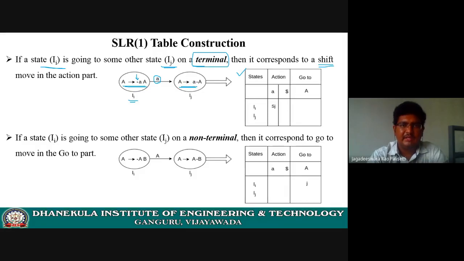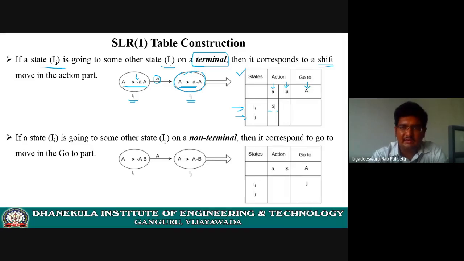This is the item set which is included in a new state called Ij. Am I clear now? So how can I represent that in the table? In the table, I have to create an Ii row and an Ij row, and I have to create a column under the small a terminal. Similarly, under the goto, I have to write a non-terminal capital A.